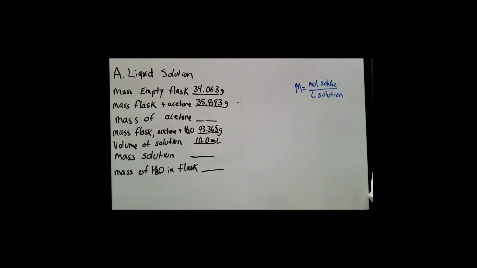This lab is really focusing, first of all, on the definition of a solution, which I'm going to write down here. A solution is made up of a solute and a solvent. So we need to figure out what is the solute and what is the solvent.